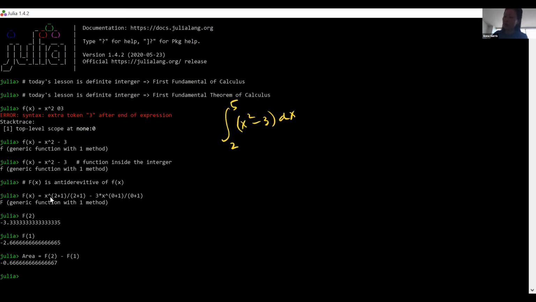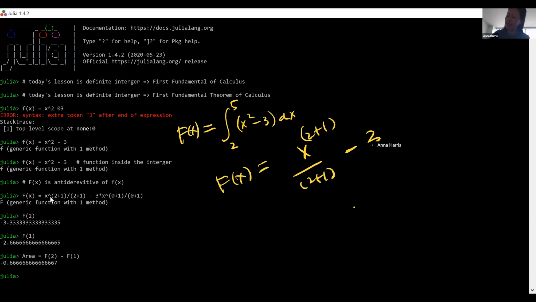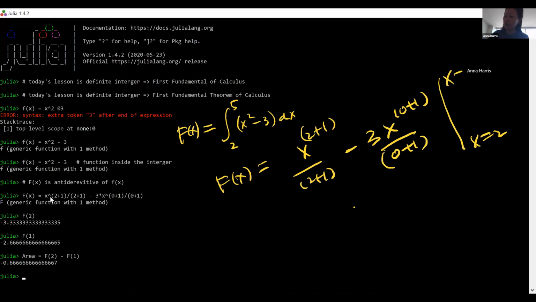Then F of x is x to the 2 plus 1 divided by 2 plus 1, minus 3 times x to the 0 plus 1 divided by 0 plus 1, and I am evaluating between x equals 2 and x equals 5.